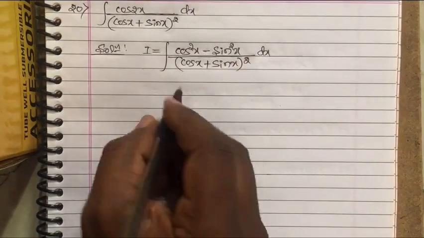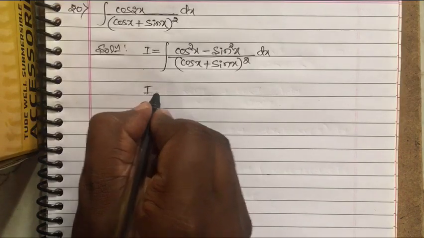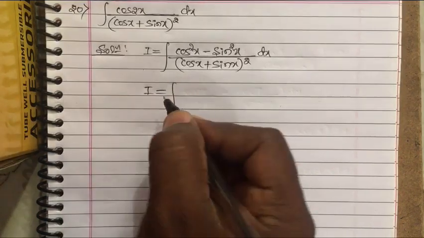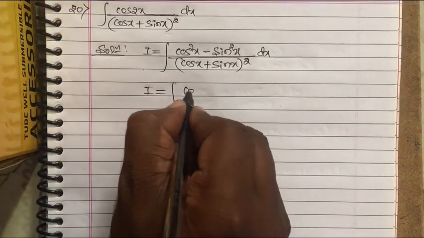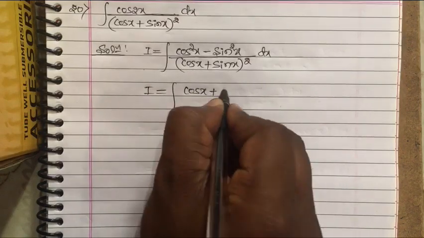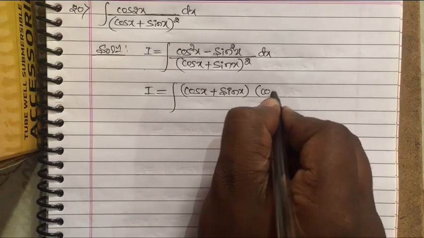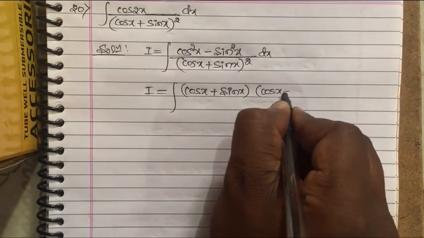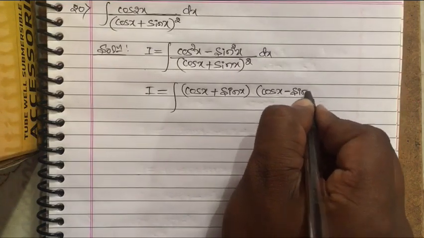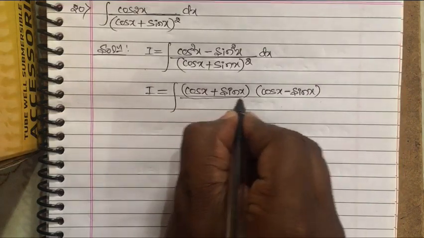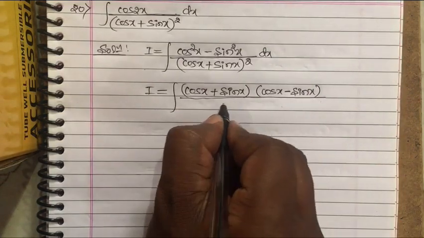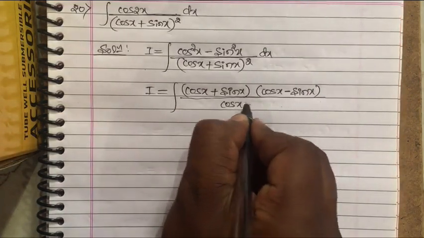Now the numerator is in the form of a square minus b square, which can be written as a plus b into a minus b: cos x plus sin x into cos x minus sin x, divided by the denominator cos x plus sin x the whole square dx.